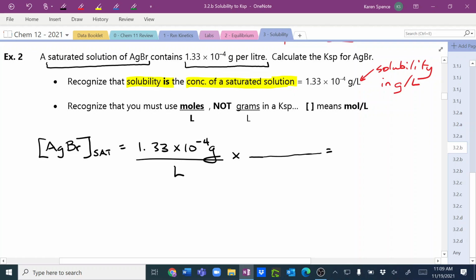How are we going to convert that into moles per liter? Molar mass. And so the grams have to go on the bottom and the moles have to go on the top. And the molar mass of silver bromide is, let me see.